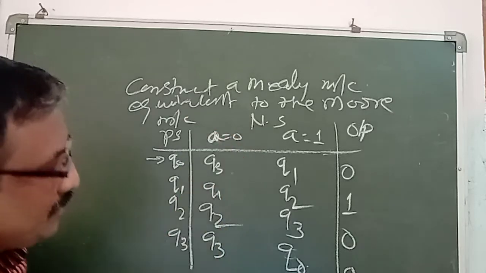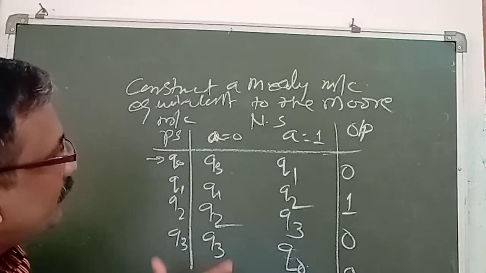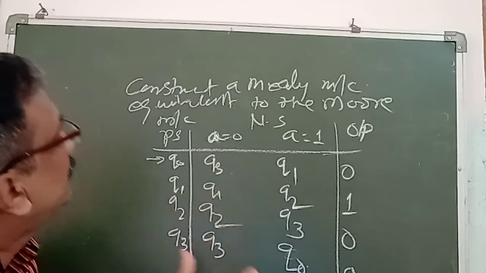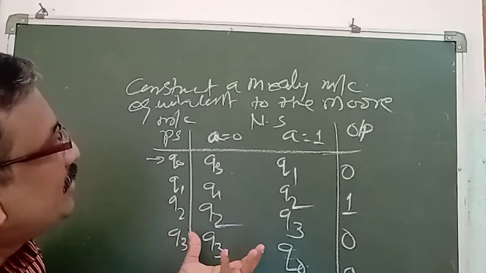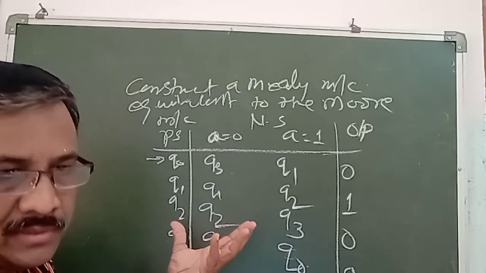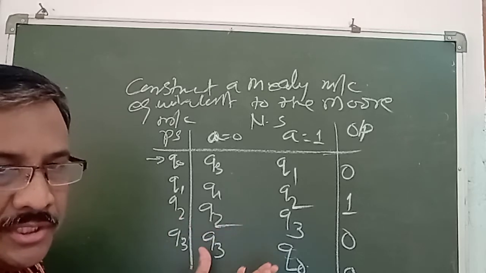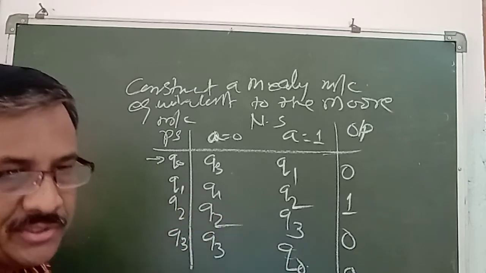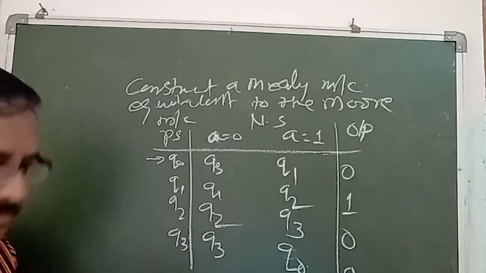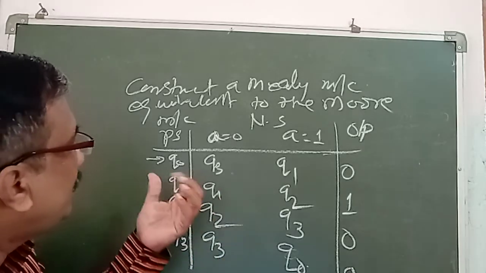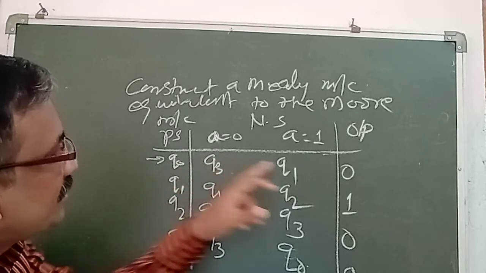In very easy steps we can convert this Moore machine into equivalent Mealy machine. Correct? Here again we have to write the output of a state.